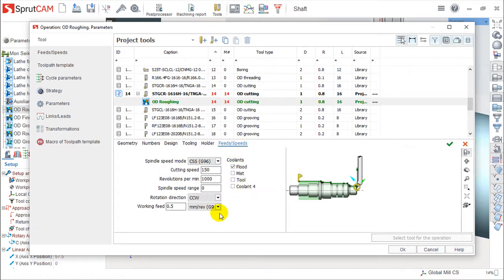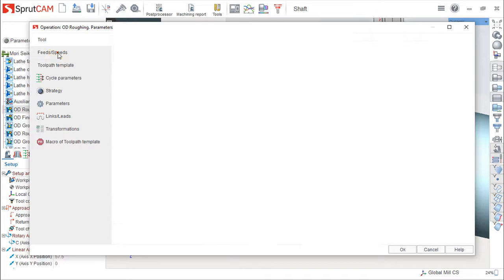And feeds and speeds, it's a little different because even though the parameters are the same basic concept, it's a little different for turning. So in terms of the tool, this kind of stuff we need to define.